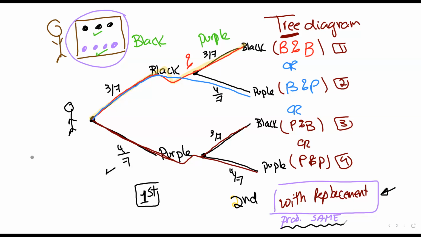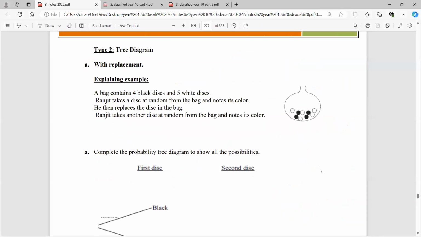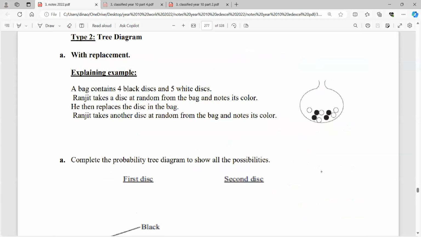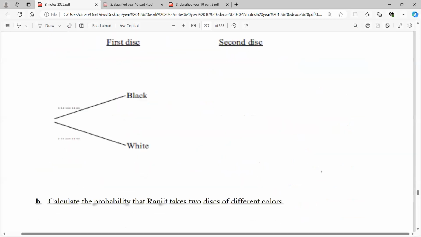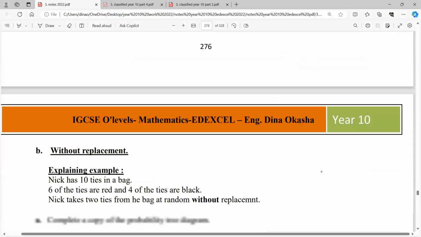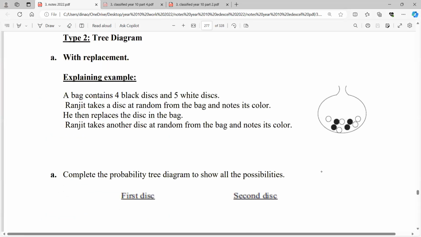Okay, now let's solve questions related to tree diagrams with replacement and see what happens. If you have my notes, you can open them to page number 276. Tree diagram with replacement questions.